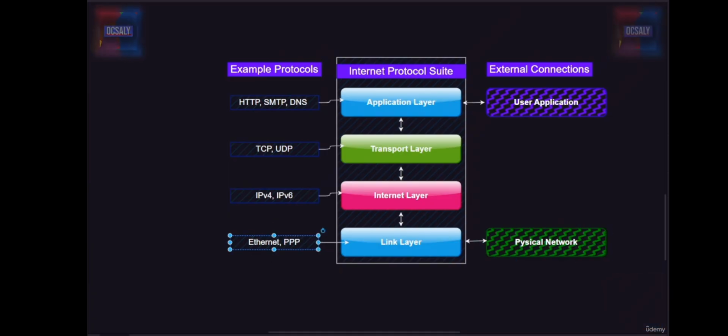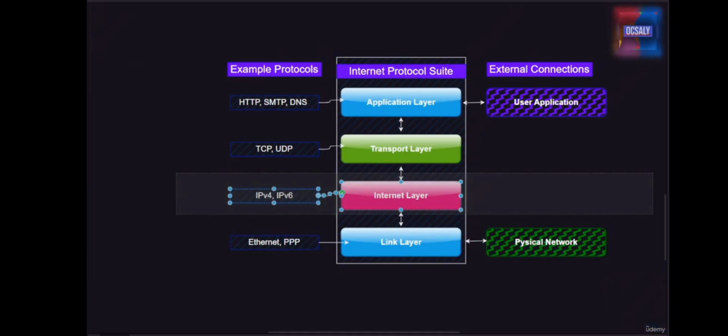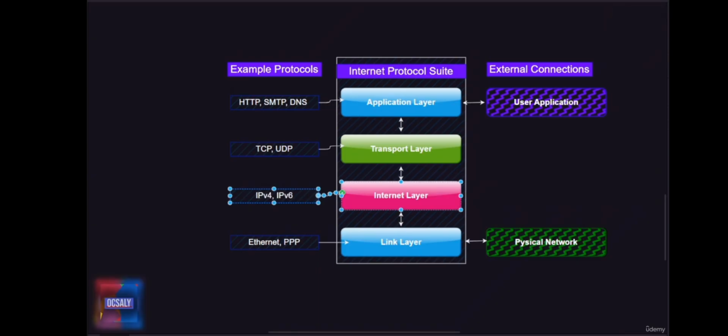We also have the internet layer. This layer provides the mechanisms for addressing network nodes, and unlike the link layer, the nodes don't have to be located on the local network. This level contains the IP.